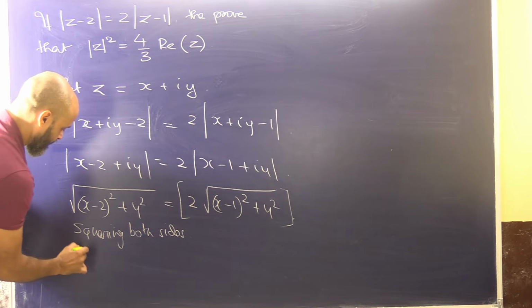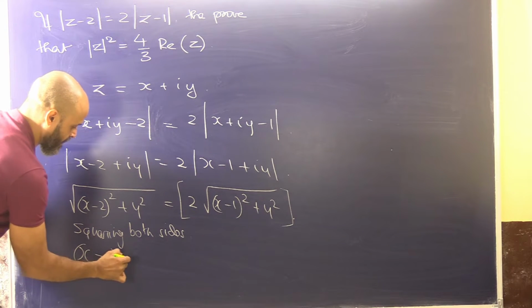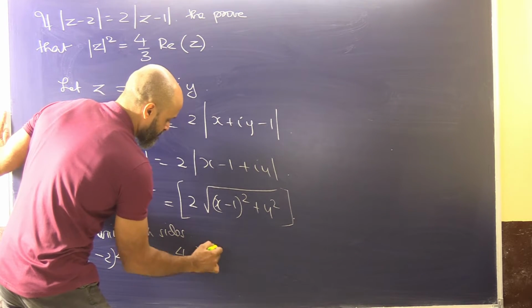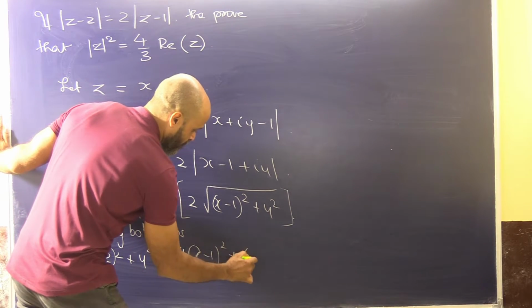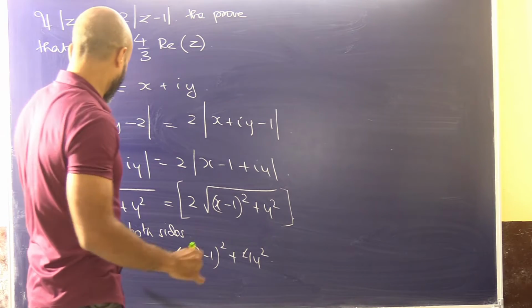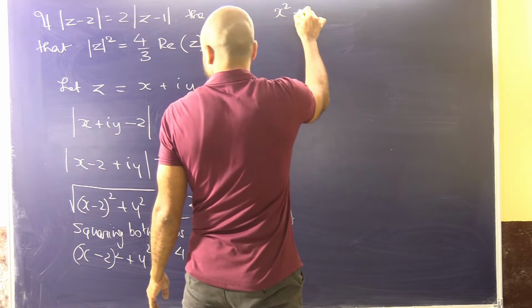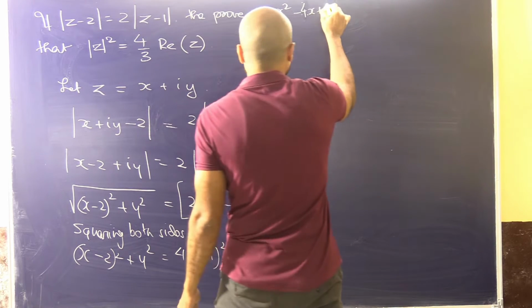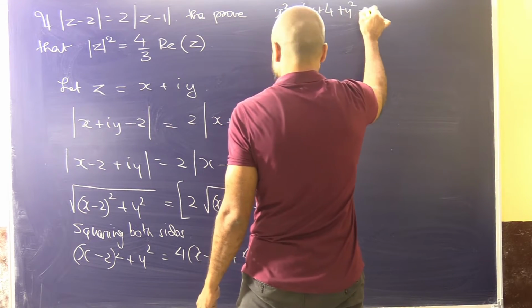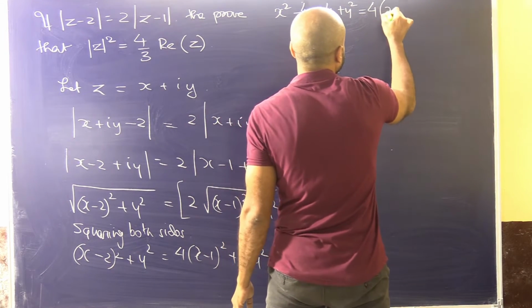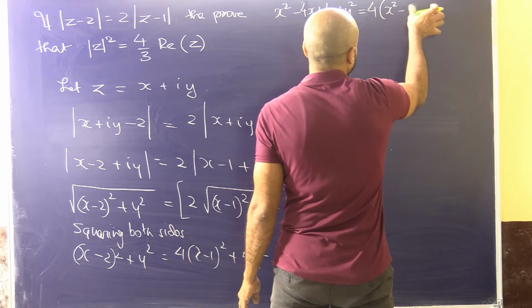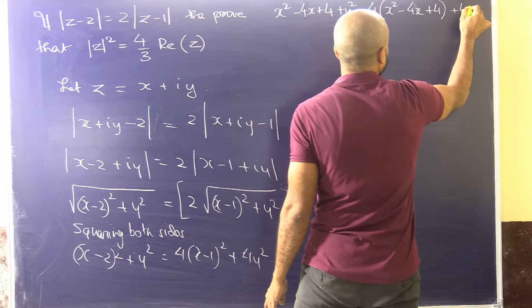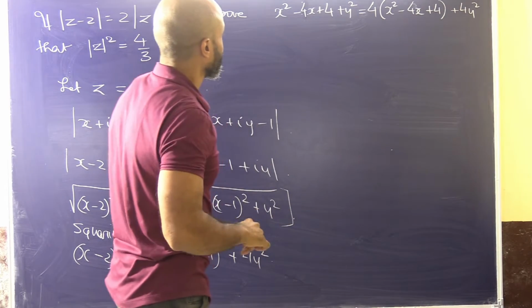we have (x - 2)^2 + y^2 = 4(x - 1)^2 + 4y^2. So this gives x^2 - 4x + 4 + y^2 equal to 4 into (x^2 - 4x + 4) + 4y^2.